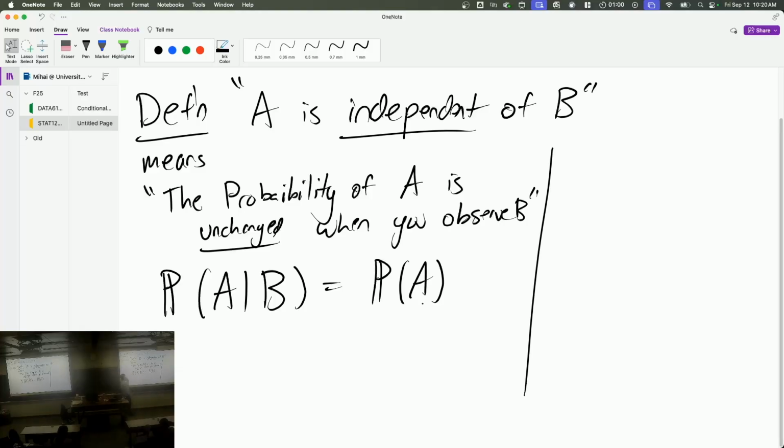These two things are equal. The probability is unchanged. This is a super special word we're going to spend a lot of time on, but that is the definition. We will unpackage what this means next week.